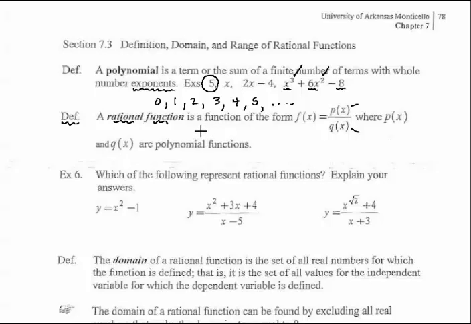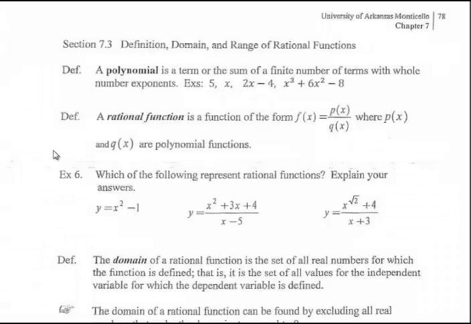Real simple definition. But the catch is, don't just glance over something that has a large fraction bar and automatically think it is a rational function. It has to be a polynomial on the top and the bottom. Therefore, we have to check and make sure that it has whole number exponents on the variables.